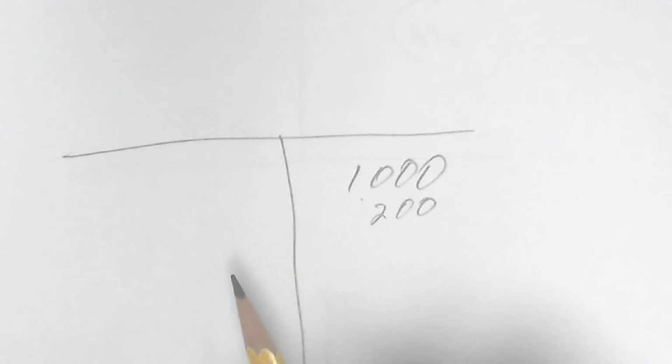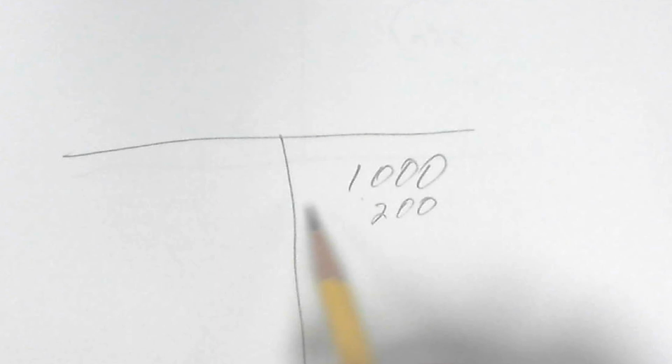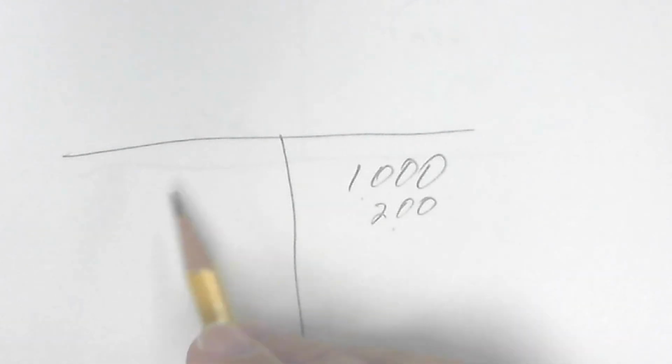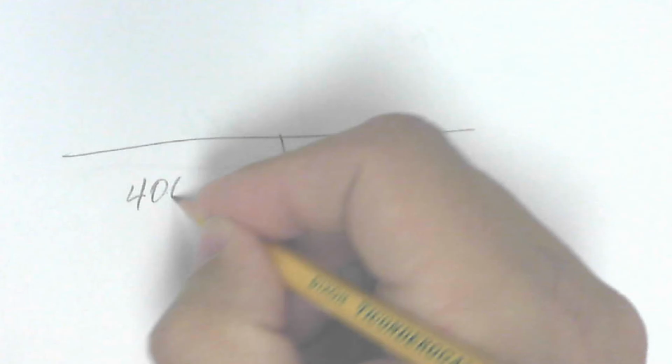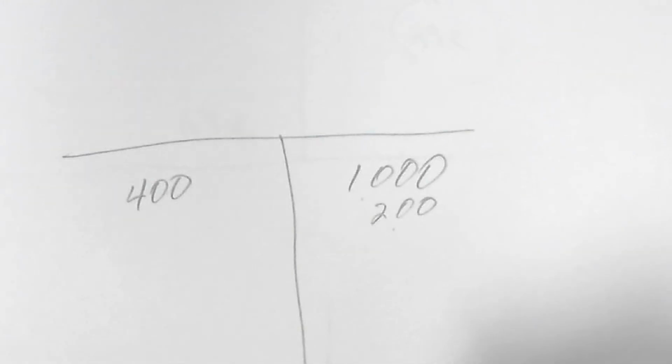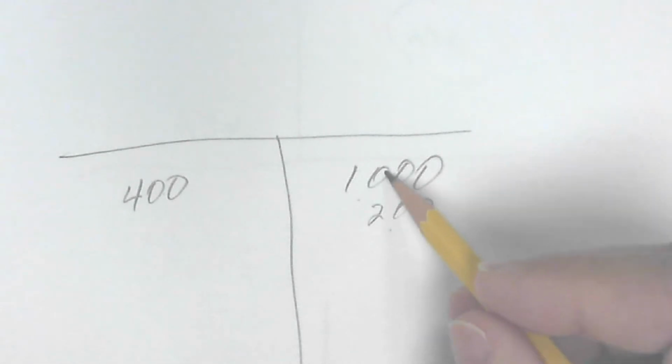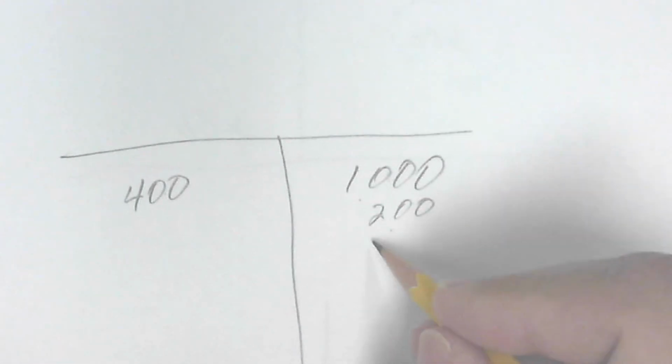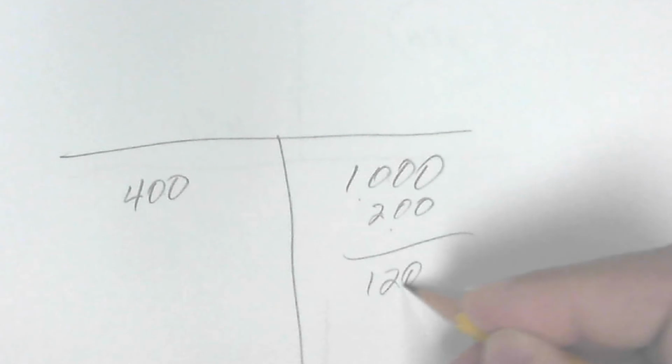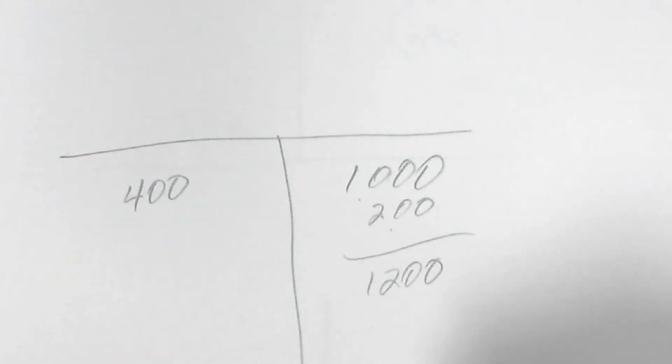And then it says we have new debits that are twice the new credits. So our new credit was 200, so our debit's going to be 400. So now we're just going to add these up. So we've got 1,000 plus 200, 1,200.